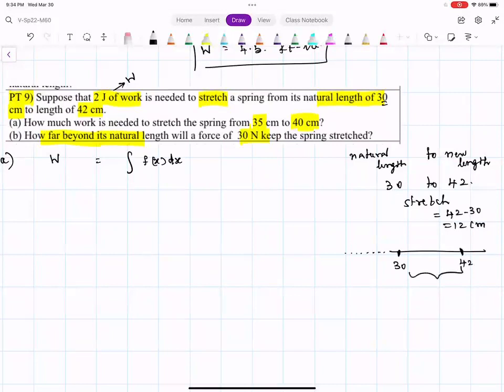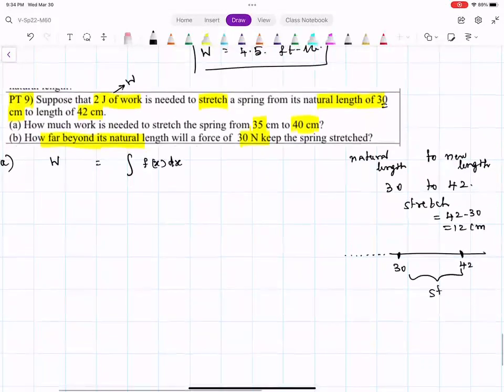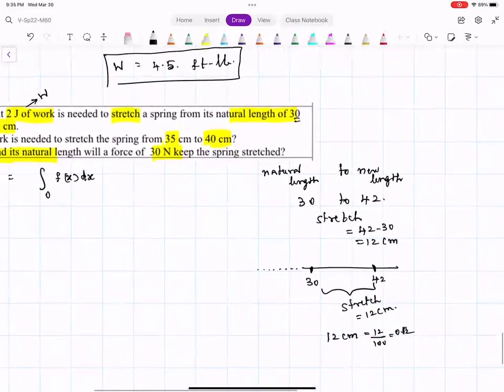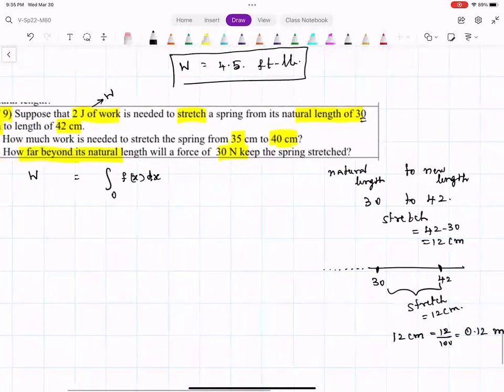So this is the amount of stretch, that is going to be 12 centimeters. What is 12 centimeters in terms of meters? 12 over 100, so that will be 0.12 meters. So the actual stretch is 0.12 meter.